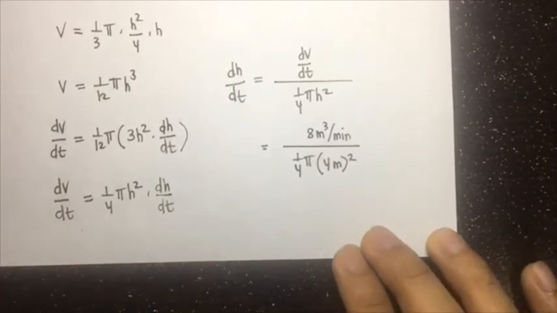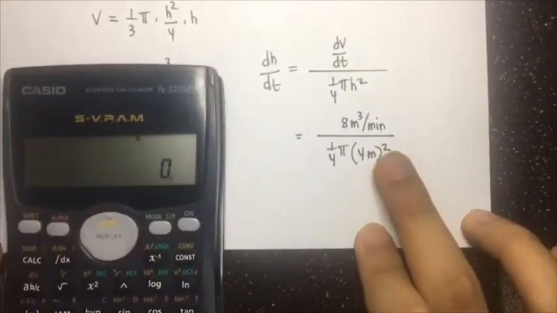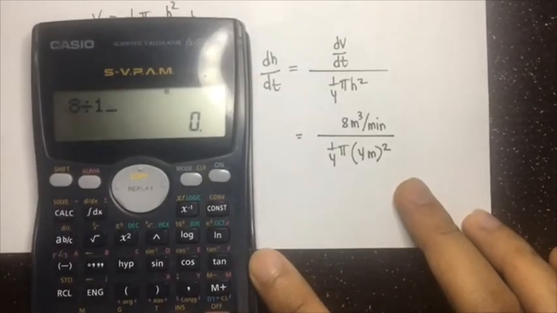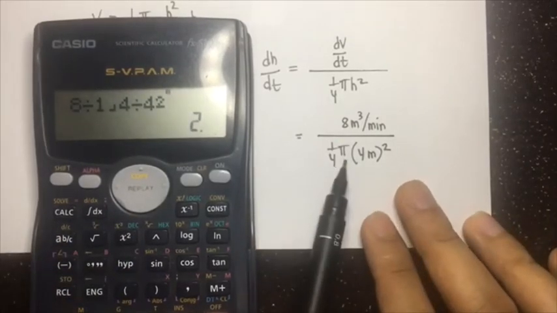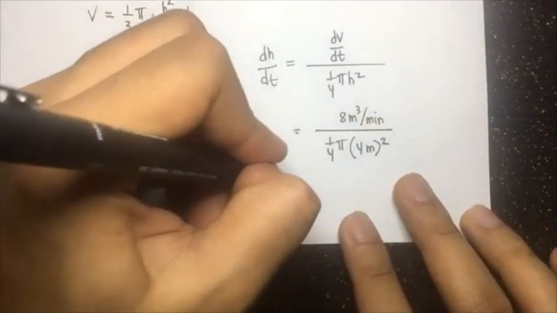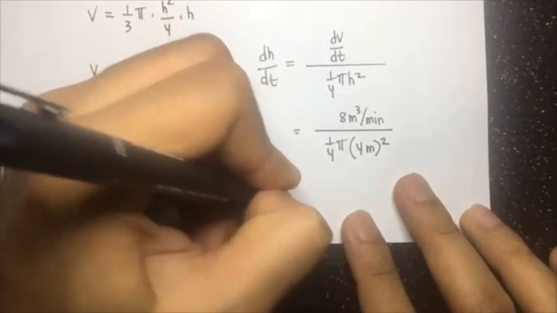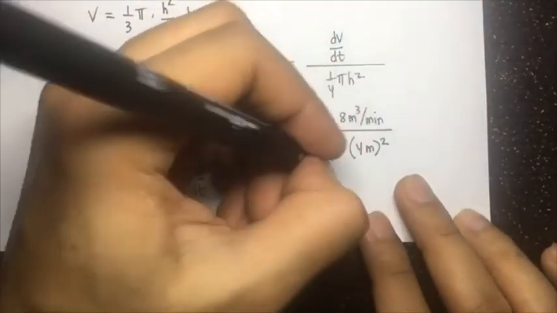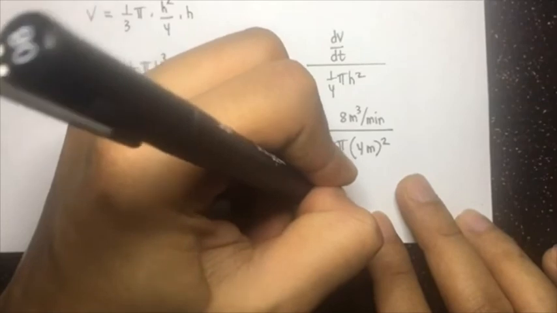Okay, so this will become 8 divided by 1/4 divided by 4 squared, so that is 2, and then we have a pi in the denominator, so therefore dh over dt is equal to 2 over pi.